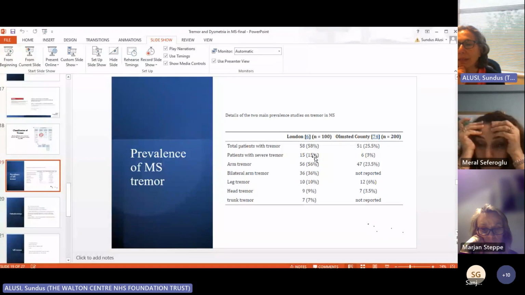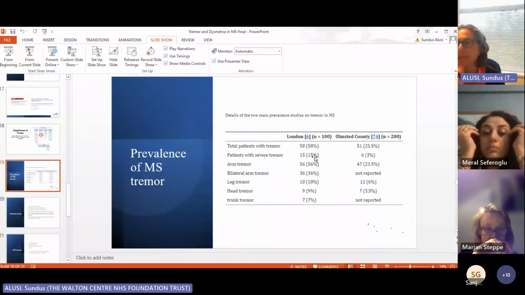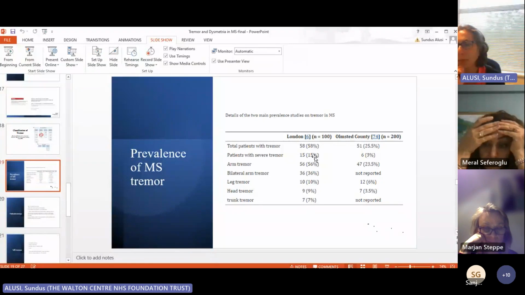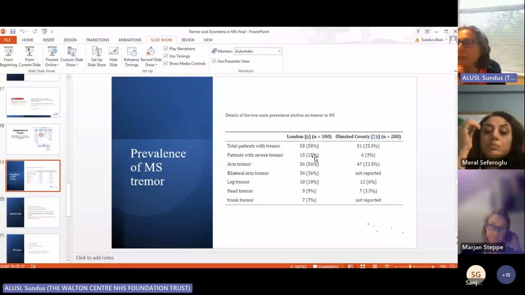People wouldn't think of MS as a cause of leg tremor. But there you are, 10% of the chronic progressive MS patients had leg tremor. Head tremor was present in 9 and trunk tremor in 7.